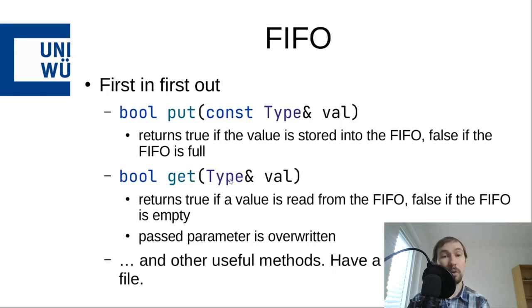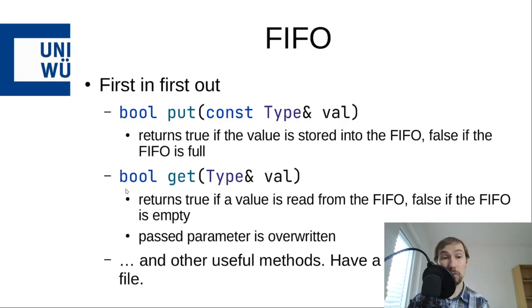The get method works similarly. You also have a parameter, but this parameter, you see, is a reference which is not const. The reason for this is that the value of the variable that you pass to the invocation of this method is overridden with the value that you read from the FIFO. So if you read data from the FIFO, pass a variable, and its value is just overridden with the data.